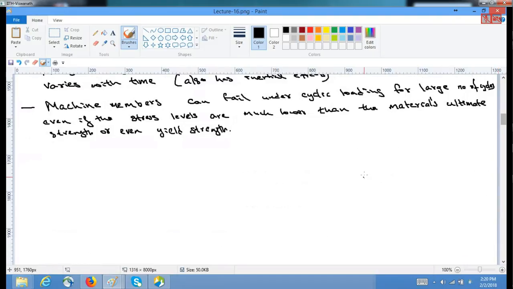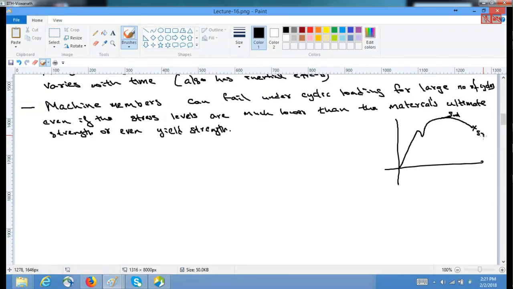So for any stress strain curve, we know that this is SUTS and this is SYT. Let's say it is under tension.